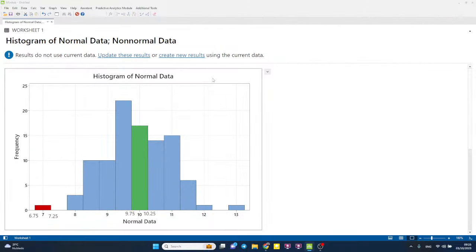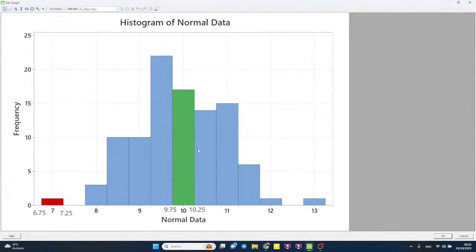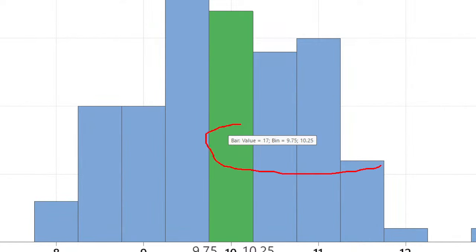I see that I have 17 data points that fall between 9.75 and 10.25.